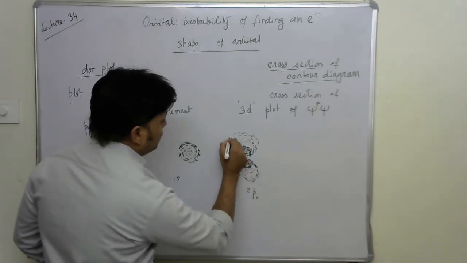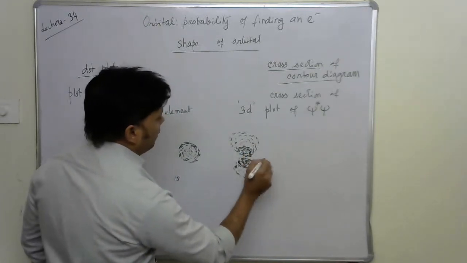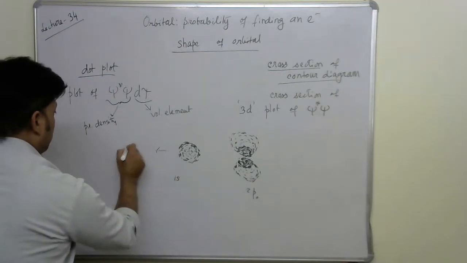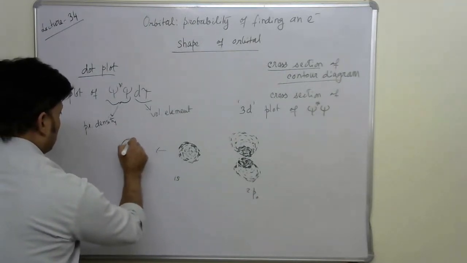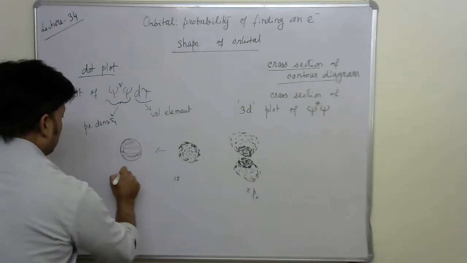As you see, there is no probability at the middle. This represents a sphere shape. Sometimes we represent this like this. This is a sphere.